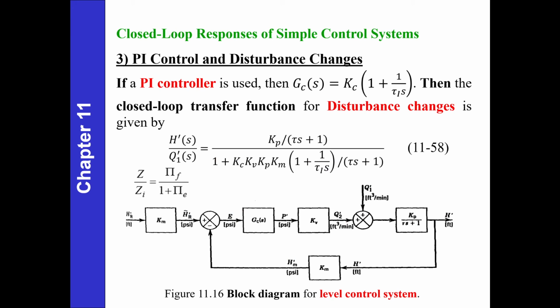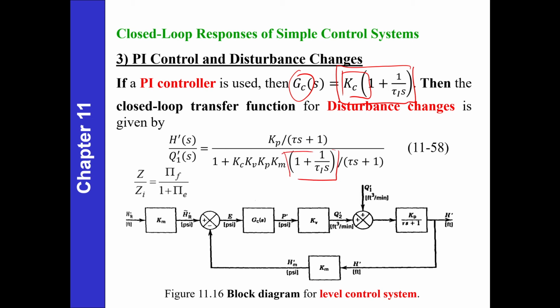And our third case is the PI control together with set point change. What differs from the previous one is the value of Gc. The previous one for proportional control is only Kc, but here we have a PI, so the Gc equation will be this one.